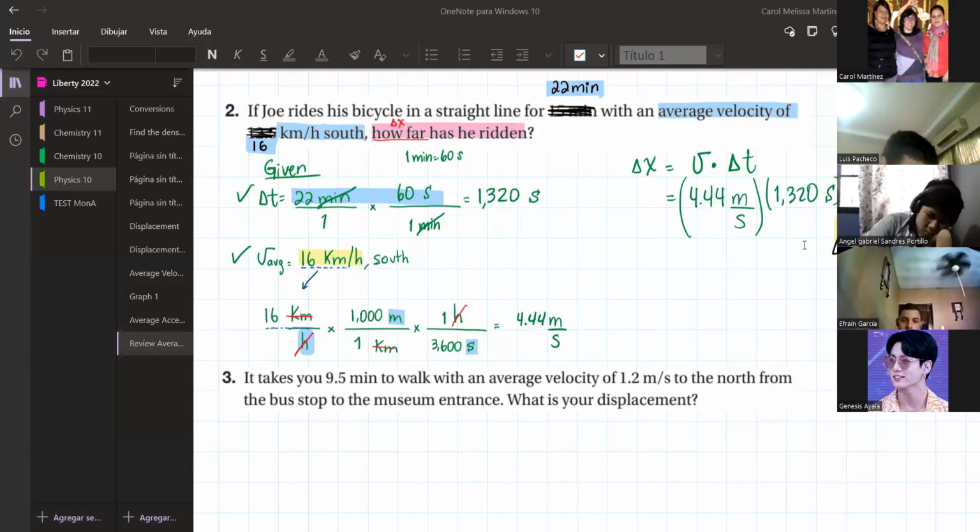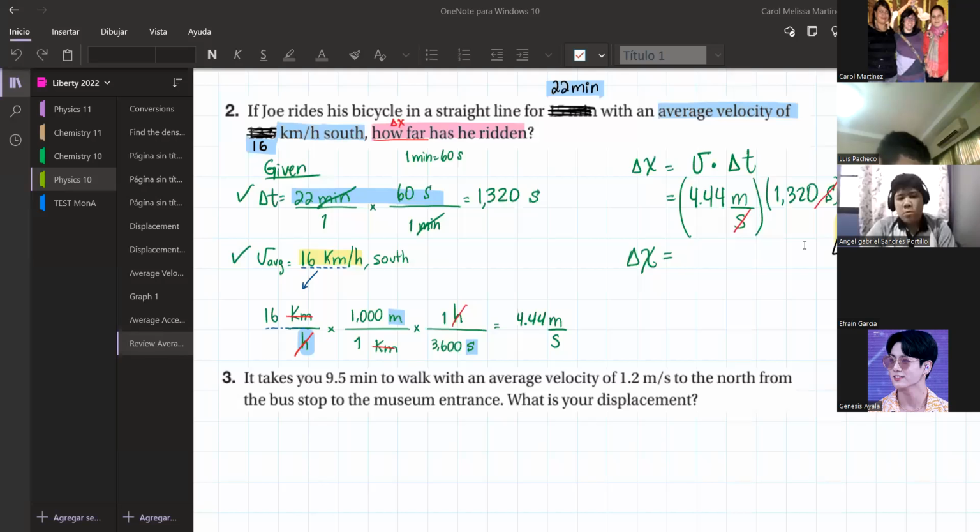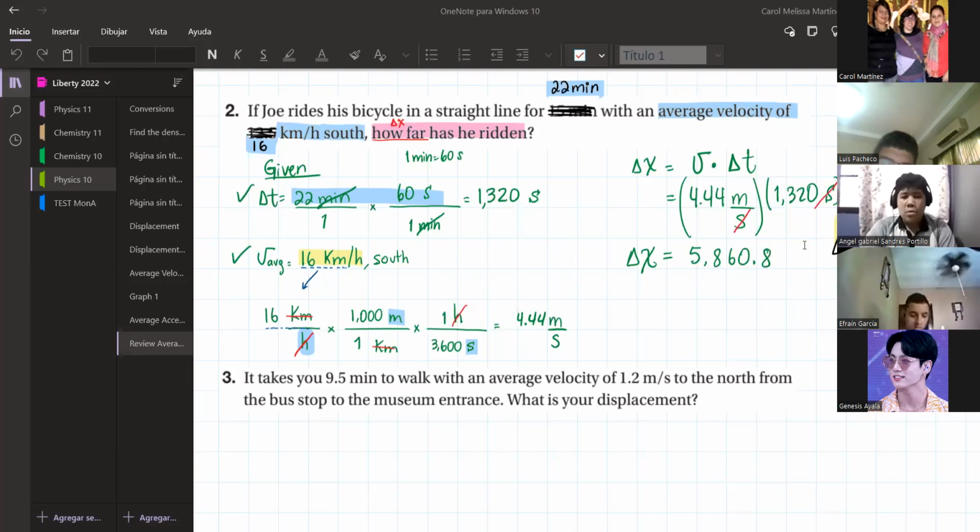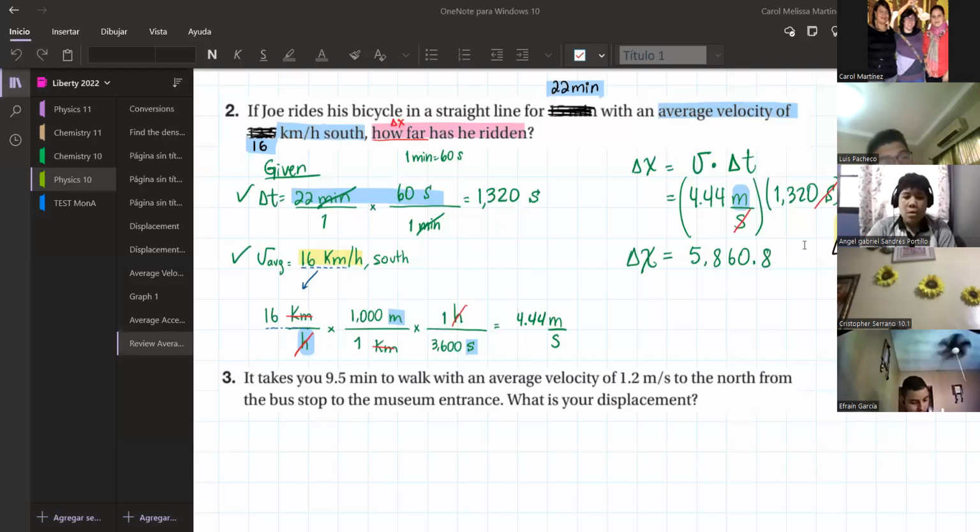With this, you can see that seconds are in the top and they're going to be canceled with these seconds in the bottom. So delta x is equal to what? 5,860.8. 5,860.8. And what unit are we going to write? The unit for displacement that are meters. Meters, okay? And with this, you finish your problem.